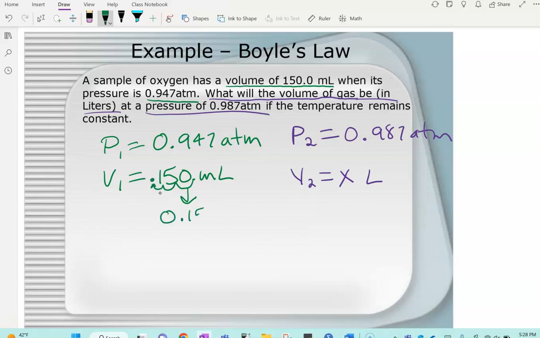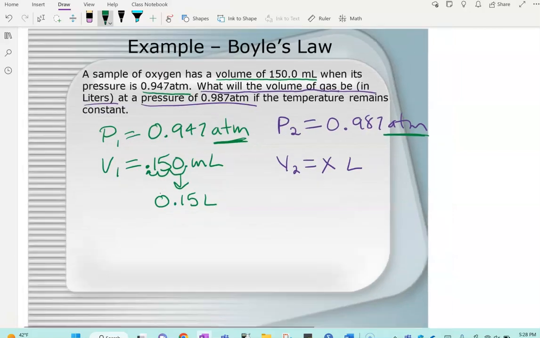This would be 0.15 liters. You can do this before you plug into the equation, or after you've gotten your answer. I prefer to convert my units into what they're supposed to be for the final answer before I plug into the equation, just so I don't forget to do that step. For the pressure, they are already in the same units, atm, so we're good there.